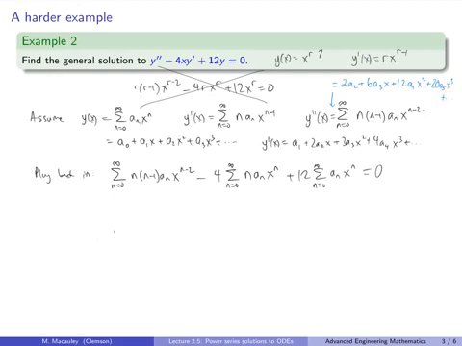So here's what we're going to do. I'm going to change variables. Let m be equal to n minus 2. So I'm looking at that and I'm going to call that m. If I do that, then n equals m plus 2. So every time I have an n, I can replace it with m plus 2. So I can write this as the sum of (m+2) times (m+1) times a_(m+2) times x^m.